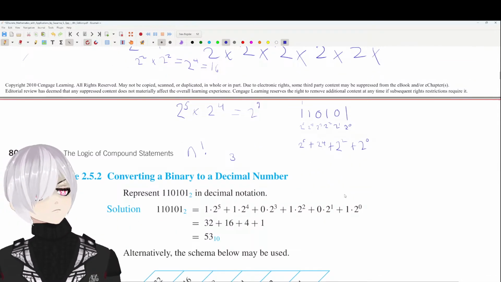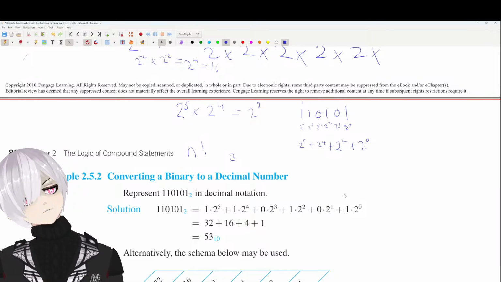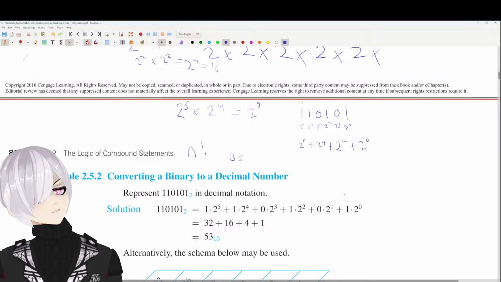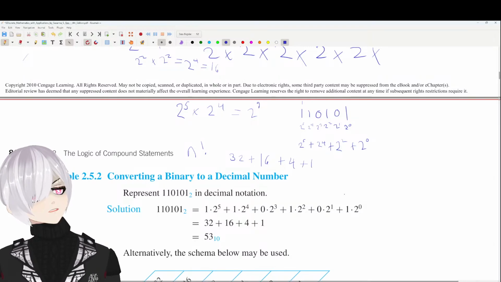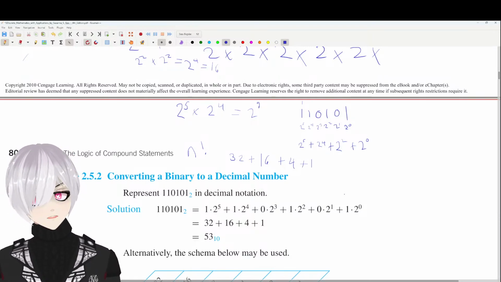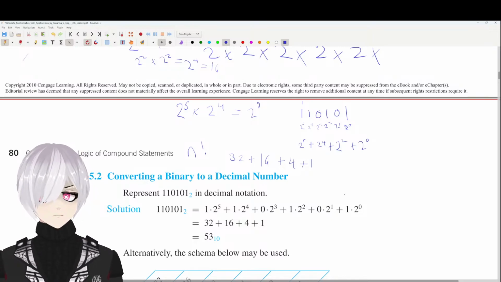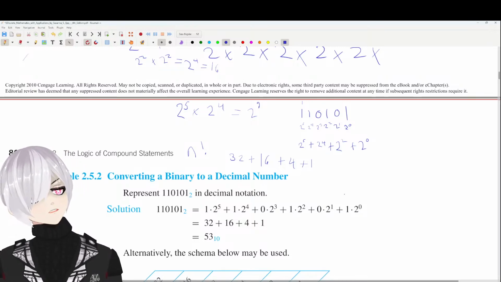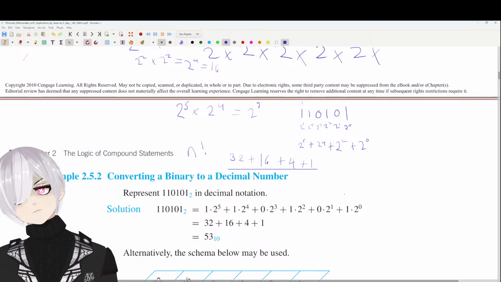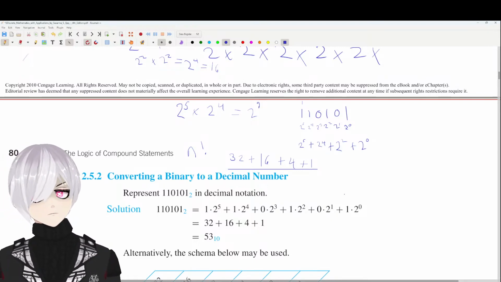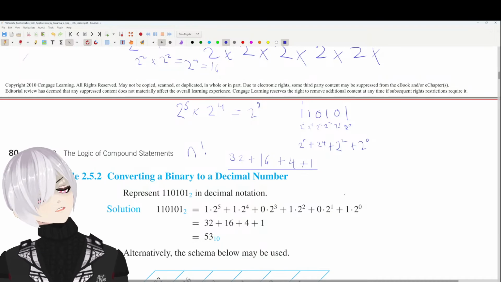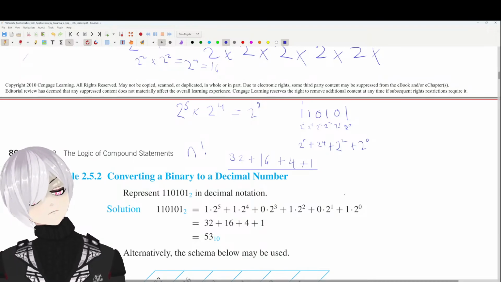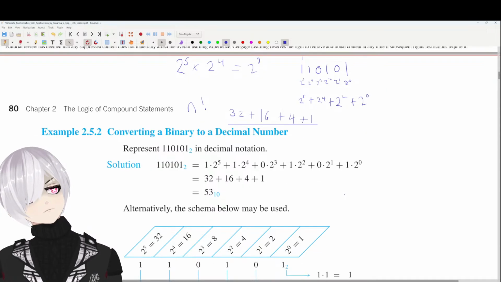So I guess in this case we'd have 32 plus 16 plus 4 plus 1. But there's some relationship between 32 and 16 and 4 and 1. It seems really tempting to find a pattern that makes it easier to convert binary to decimal.